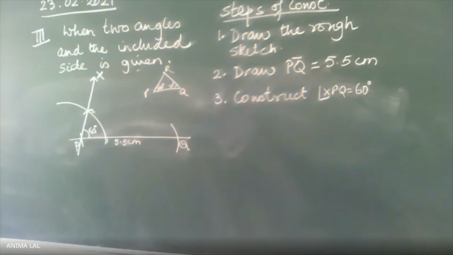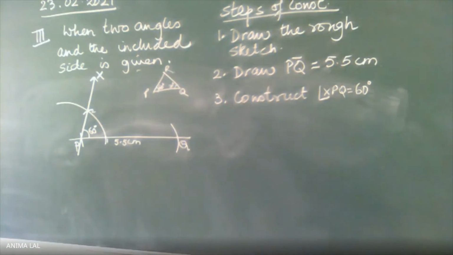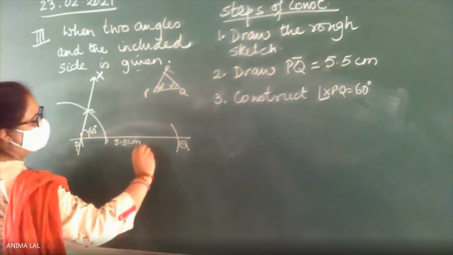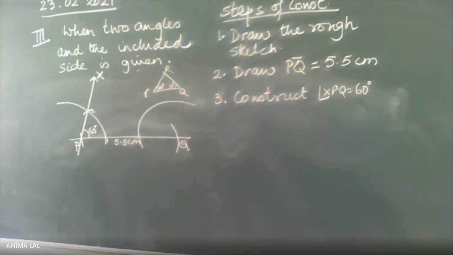Now 30 degrees is at Q. So put your compass point at Q. Don't change the radius. You can put the same radius. Starting from the bottom of the line, draw an arc going up this way.